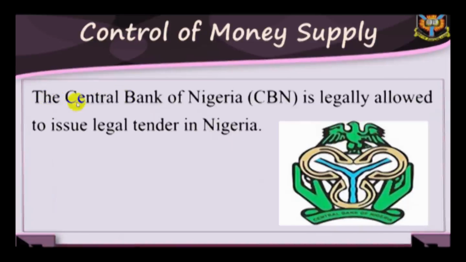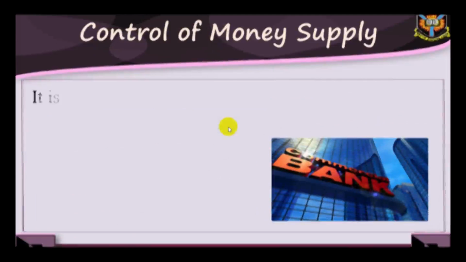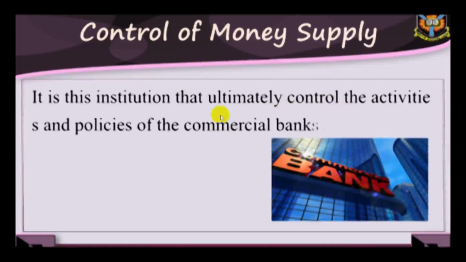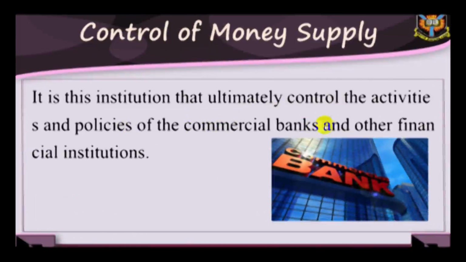Control of money supply. The Central Bank of Nigeria is legally allowed to issue legal tender in Nigeria. It is this institution that ultimately controls the activities and policies of commercial banks and other financial institutions.